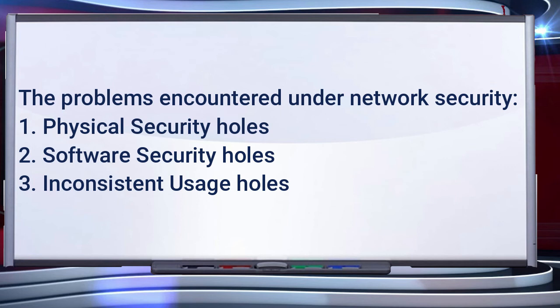Second, software security holes, when badly written programs or privileged software are compromised into doing things that they should not be doing. Third is inconsistent usage holes, when a system administrator assembles a combination of hardware and software such that the system is seriously flawed from a security point of view. So let's talk about protection methods.